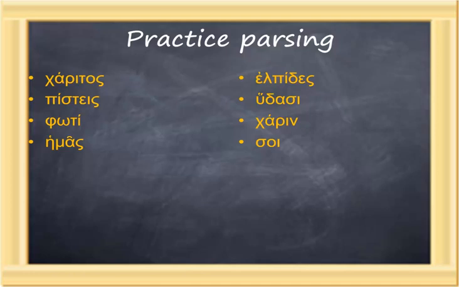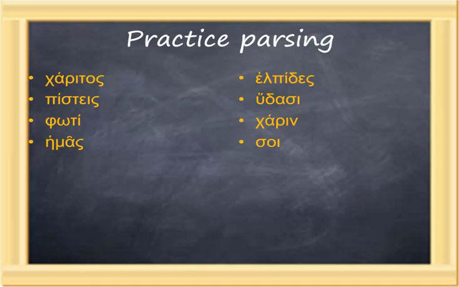The challenge would be to recognize that this form comes from the word hudor, a neuter word for water. Charin is the accusative singular alternative form for the feminine noun charis. This particular form of the accusative singular occurs far more often than charita. And the last form is soi, the second person singular pronoun, the iota at the end indicating its dative.